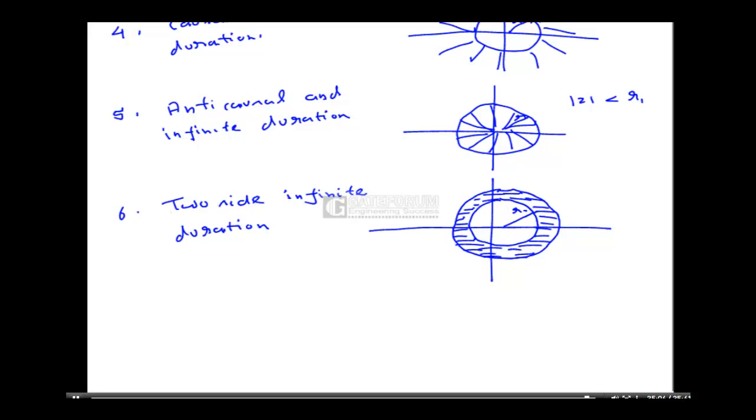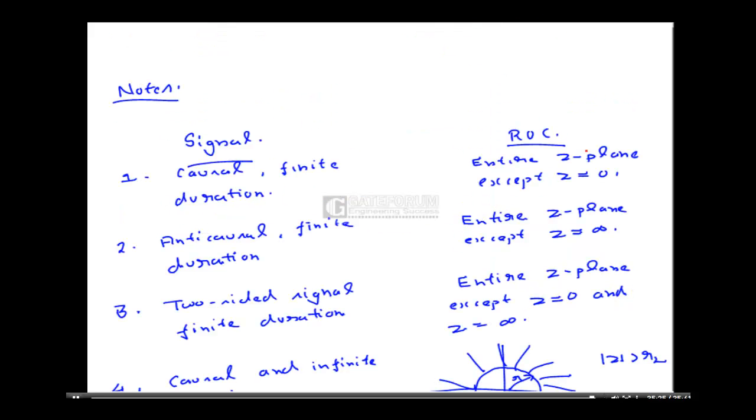This is R2, this is R1. Okay, so these are the various types of signals and the corresponding regions of convergence. This can come as a 1 mark question in the GATE exam. Directly they can ask for an anti-causal and finite duration signal, what is the region of convergence. So we should remember it. It is easy to find also, we can always analyze this and get the result.